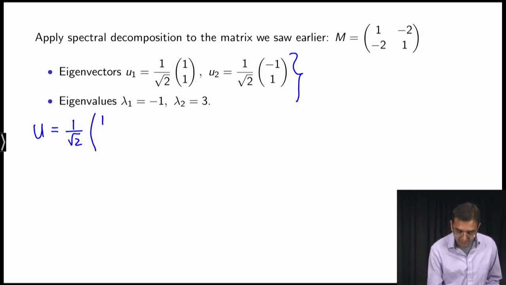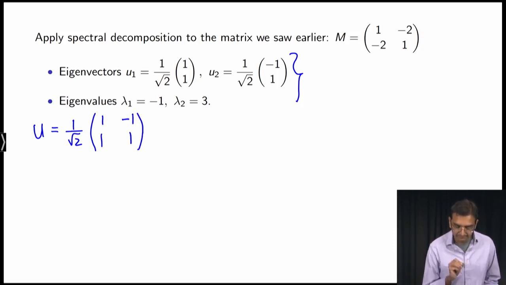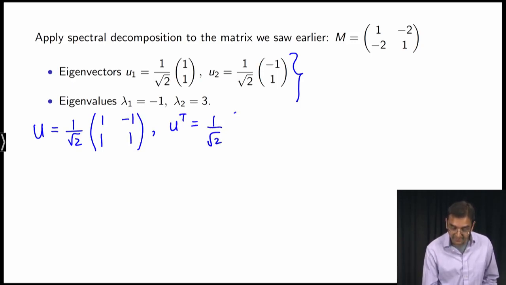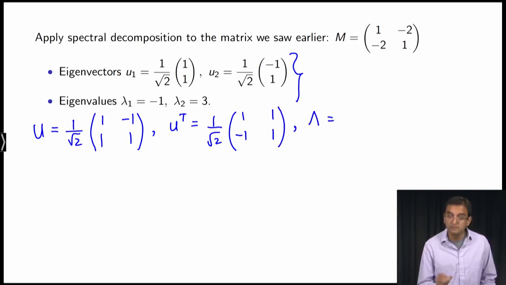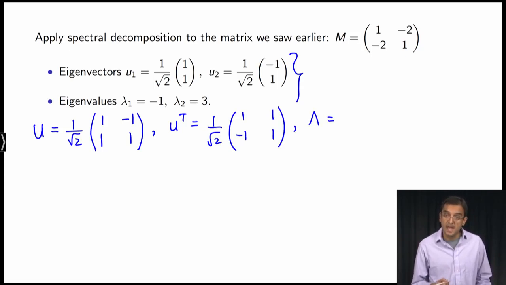The first column is the first eigenvector. The second column is the second eigenvector. Now U transpose is just the transpose of this, so its rows are the eigenvectors. And lambda is just the diagonal matrix of eigenvalues. So it is -1, 0, 0, 3.